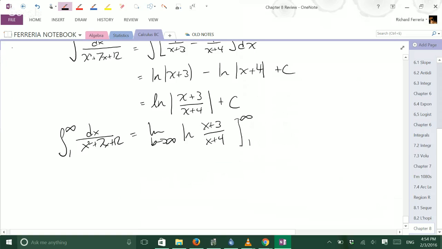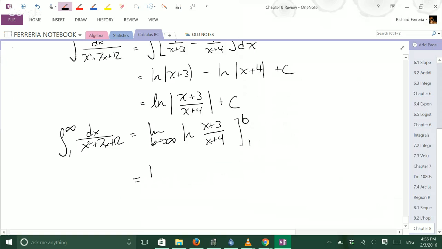Great. I don't need the absolute values anymore because we're dealing with only positive values of x. Why did I write an infinity there? It should be a b.